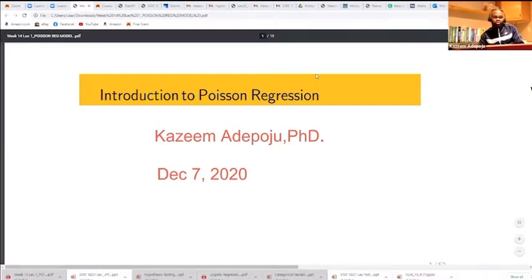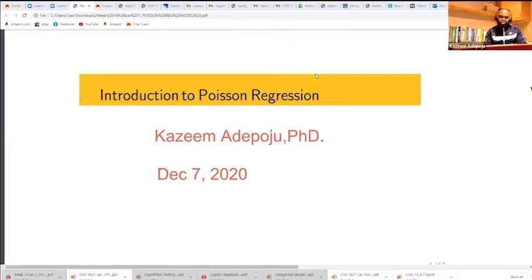I think I walked you through that, where we're able to use a chi-square test of association to investigate it. And today, we are still trying to study the relationship between two variables, but the response variable this time around is a count.